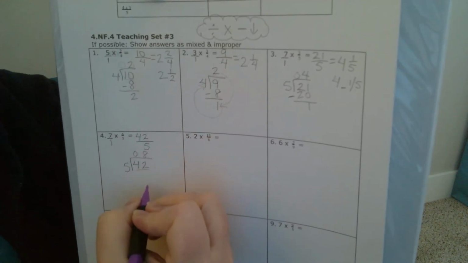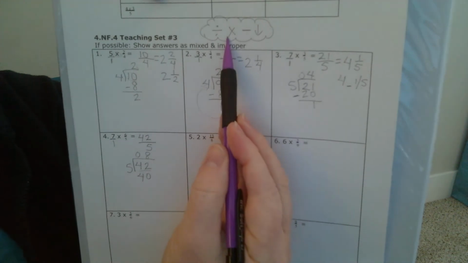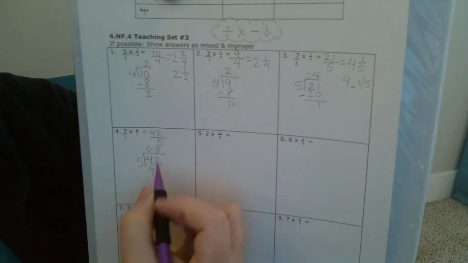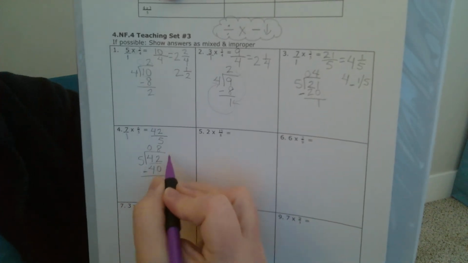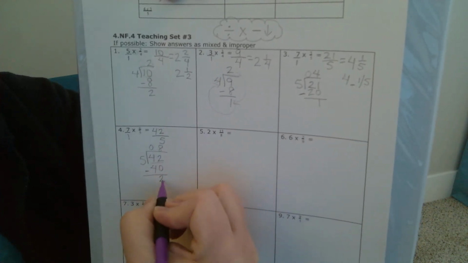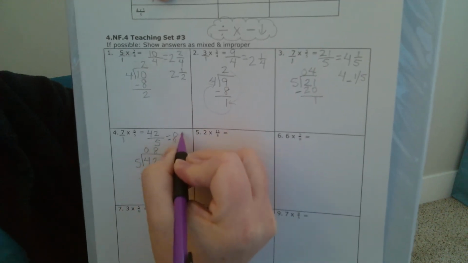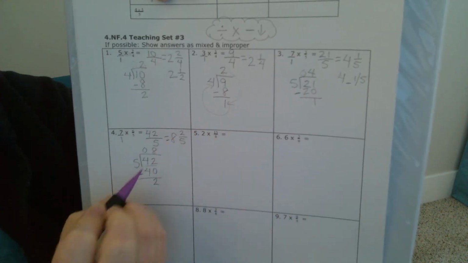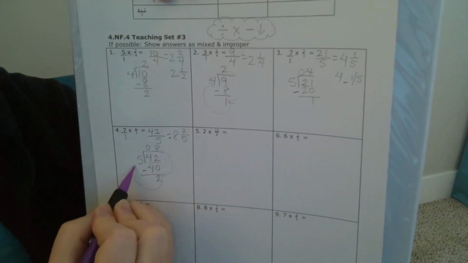So 5 times 8 is 40. And then we subtract. 2 take away 0 is 2. So our answer is 8 and 2/5.